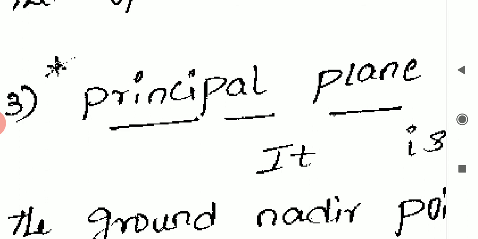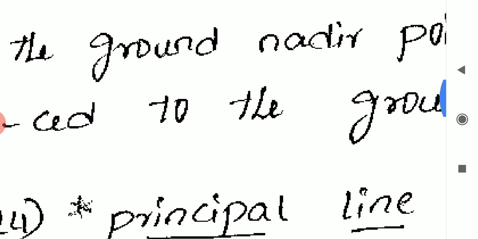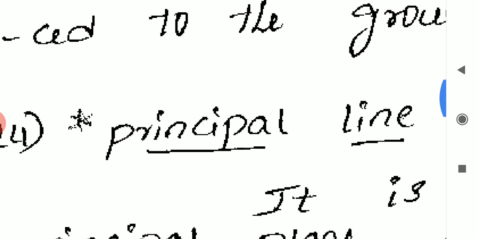Principal plane is the plane defined by the lens, the ground nadir point and the principal point produced to the ground. Principal line is the line of intersection of the principal plane with the plane of the photograph. And the next one is isocenter.